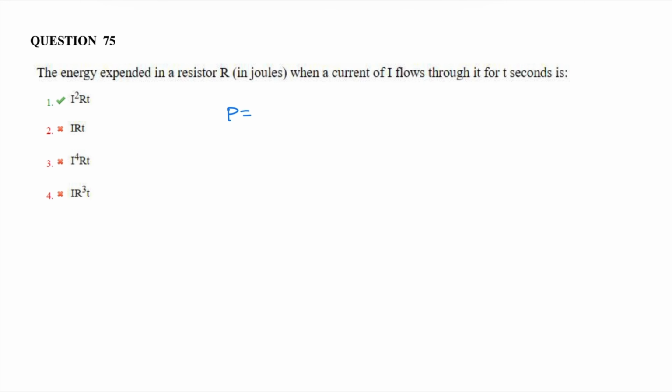We know that power dissipated in a resistor is voltage into current, that is I square R or V square by R. Now energy is power into time, because power P is work done per time.